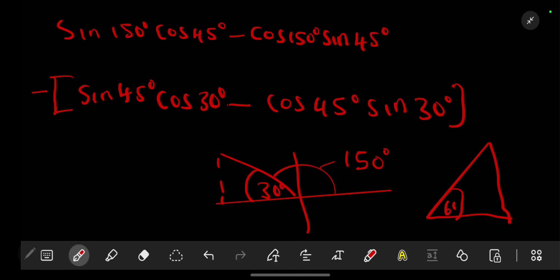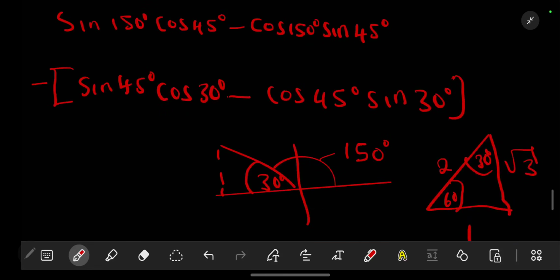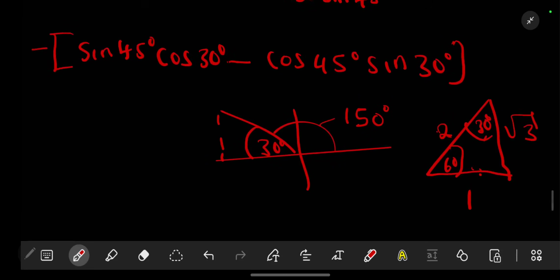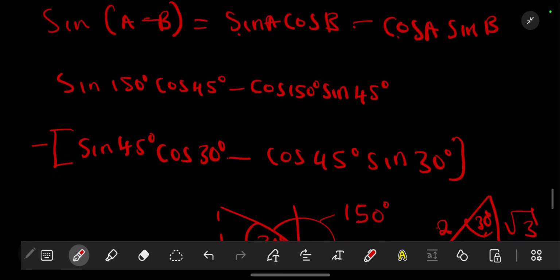So we have 60 here, 30. Now since you have to have a common number, which is a 3, you're going to have root 3 there. This is just a way of remembering. So sine of 150 is equal to, now using the reference angle, the remaining angle is 30. So 30 is equal to opposite for sine, which is 1, over the hypotenuse, which is 2. Sine is equal to opposite over hypotenuse. So it will be 1 over 2, which is the sine of 150.